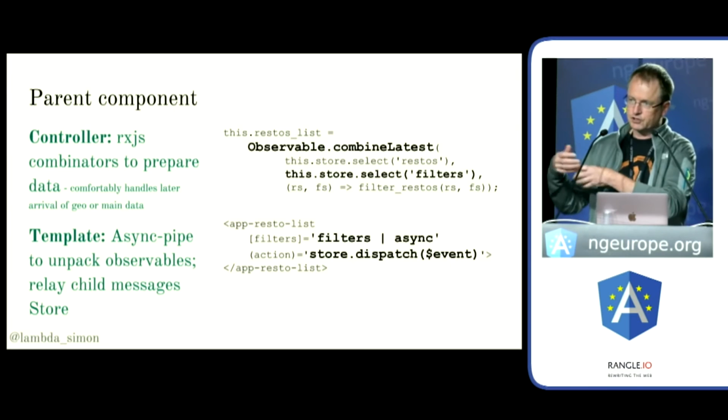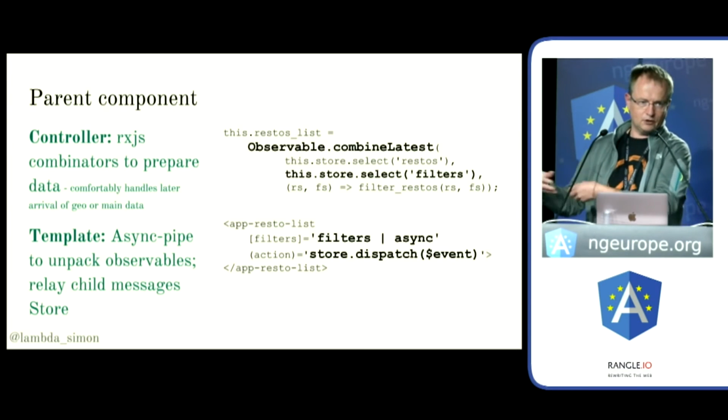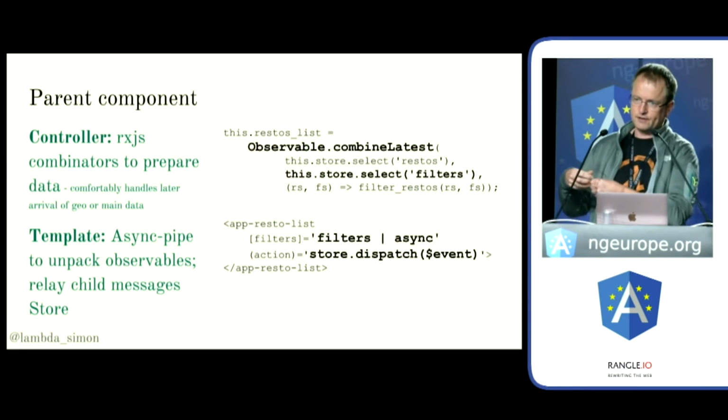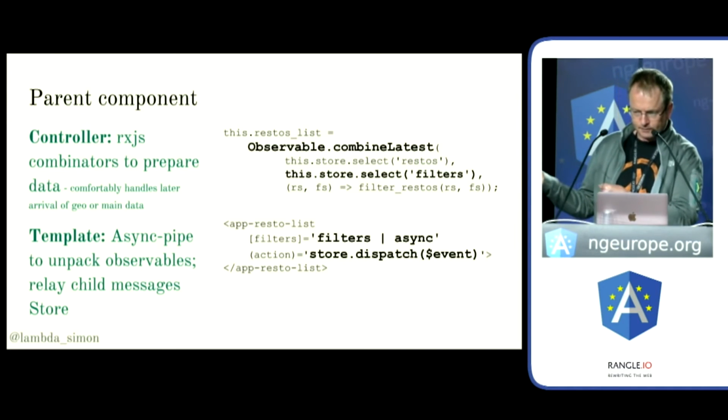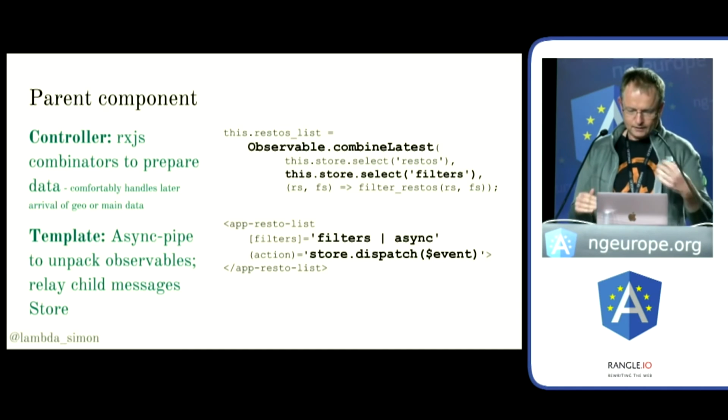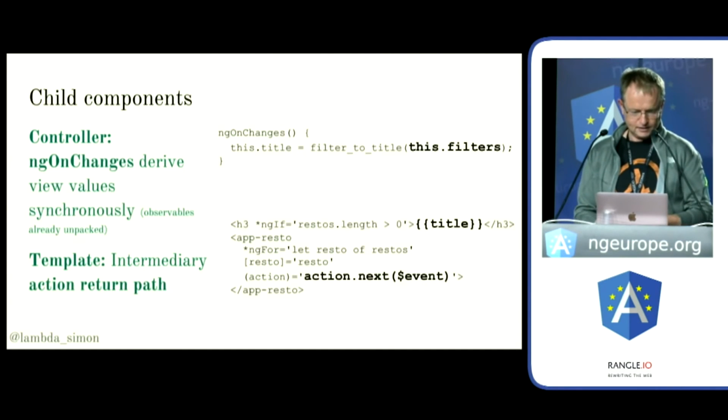The restaurants may or may not include details of how far they are away if we've got the geographic data. And then we're going into the template where we unpack that using the async pipe. In our children, we've now got unpacked data. So if we need to act any further on it, we can just use synchronous methods.